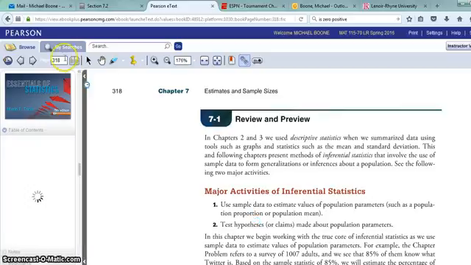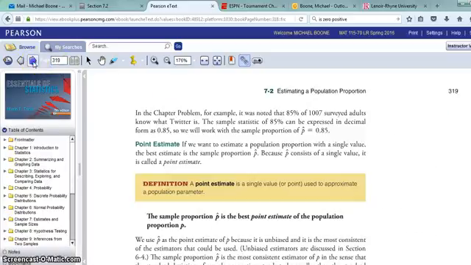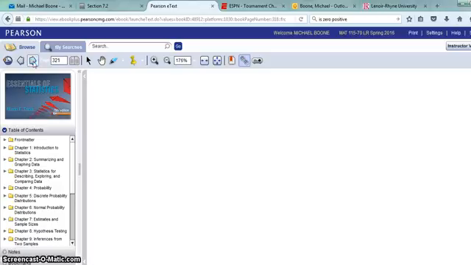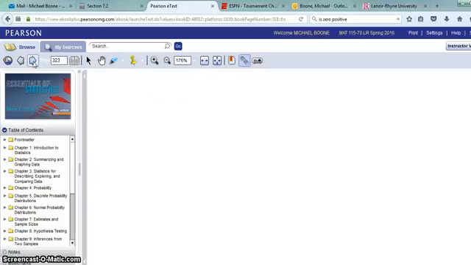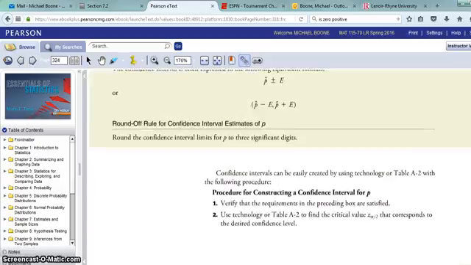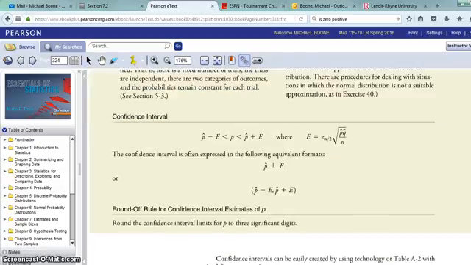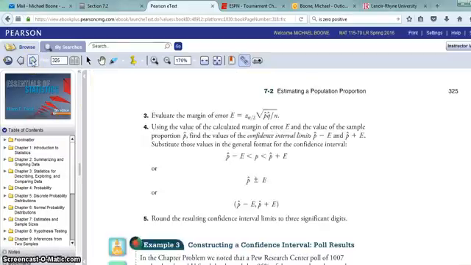Eventually we'll get there. So it should be at the end of this section. Let's see. There's that p hat plus or minus e we referred to earlier.